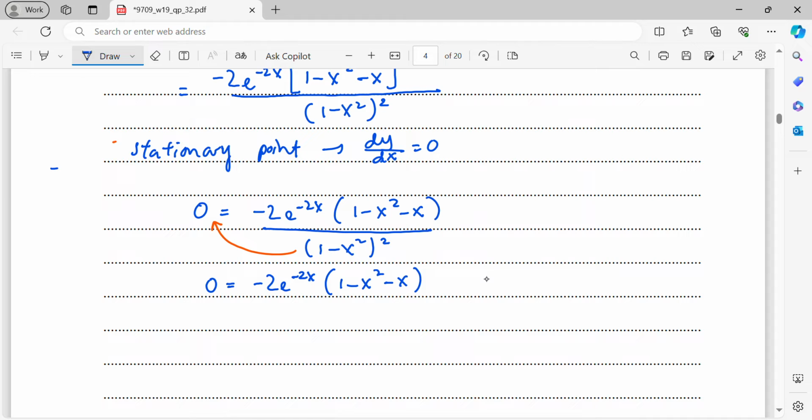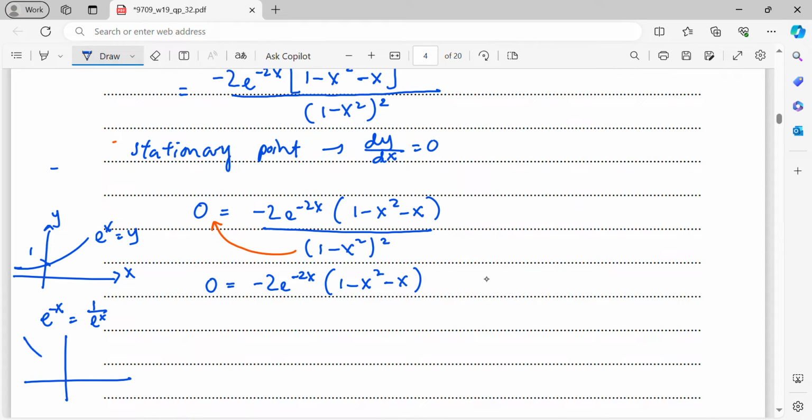But for e^(-2x), just for information, if e^x is this graph, touching 1, then e^(-x) is 1 over e^x, which means you will be getting this result.